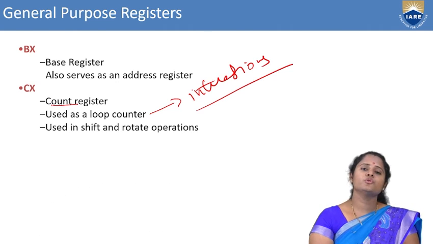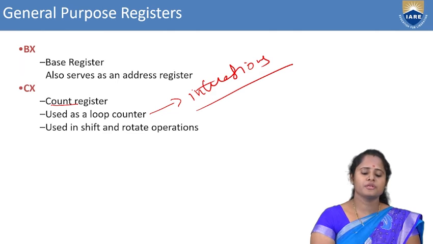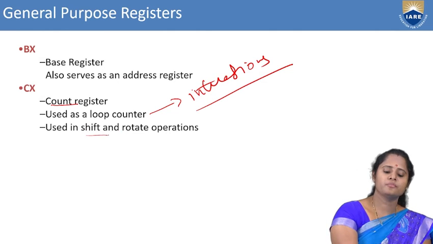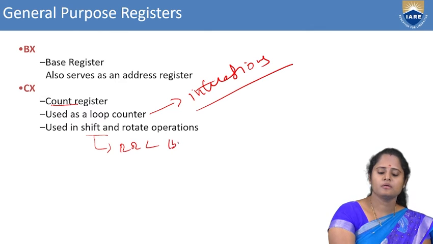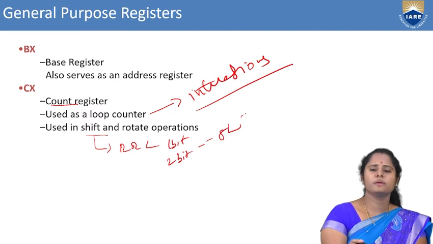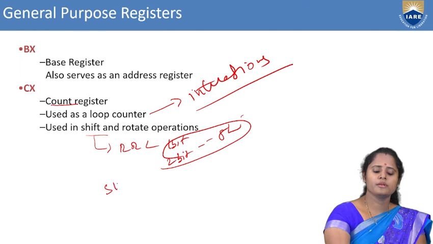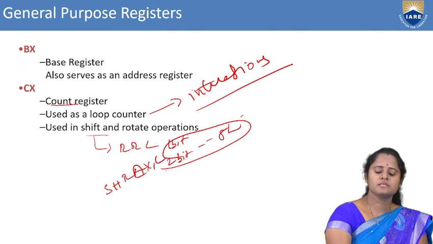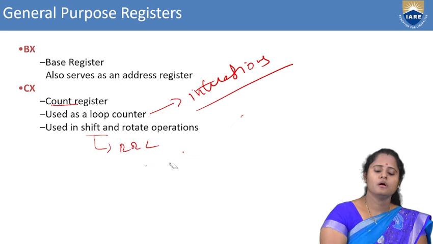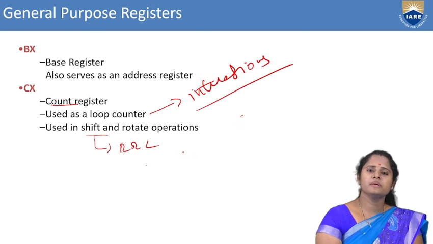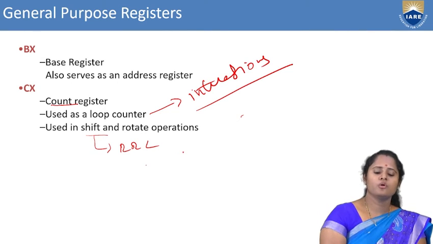Next, it is also used for shifting and rotation operations. If I need to shift my content to the right or left by 1 bit, 2 bits, 3 bits or 8 bits, I can directly use the shifting operation SHR AX, CL, where you give the value of how many bits I need to shift in the counter register.